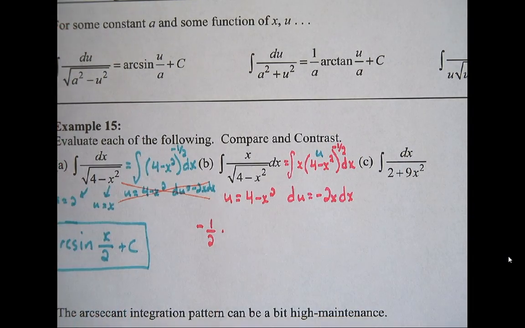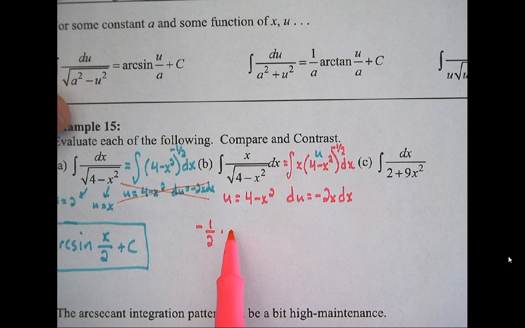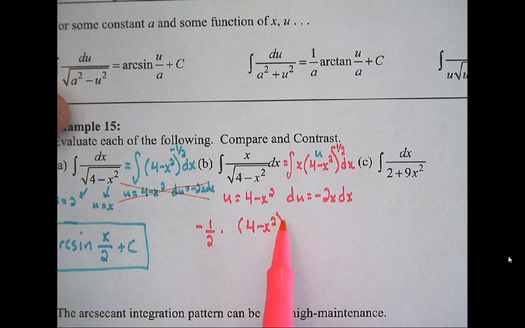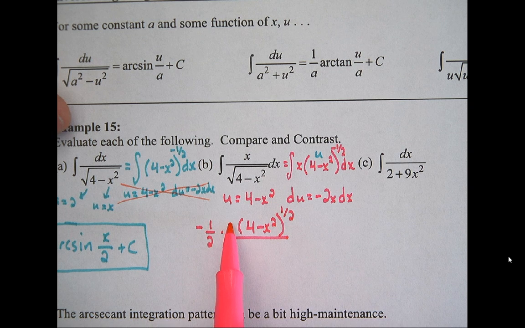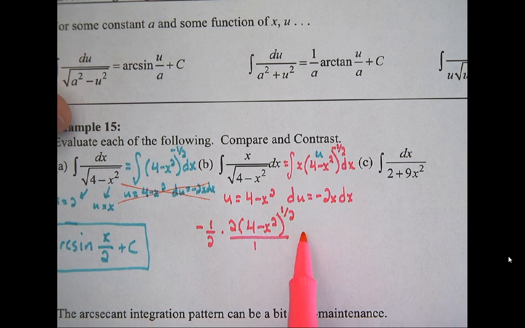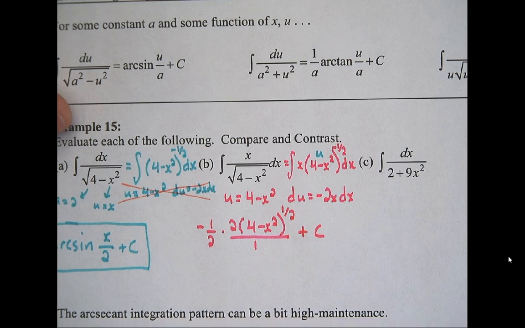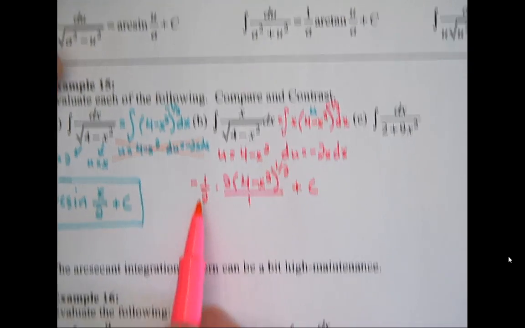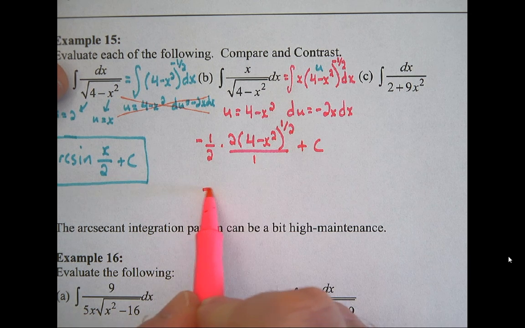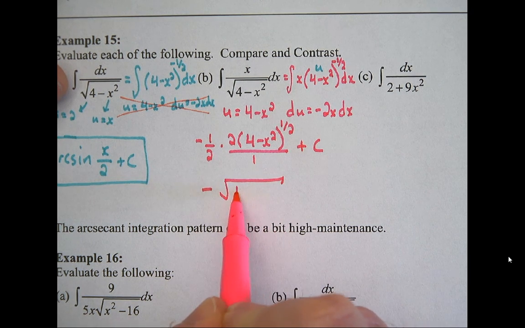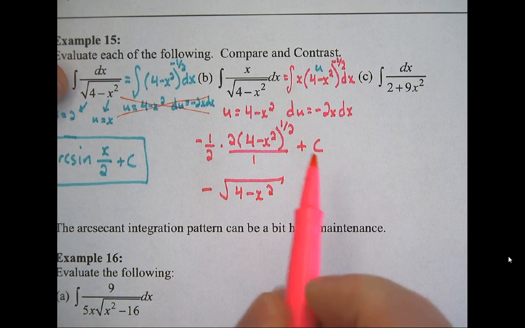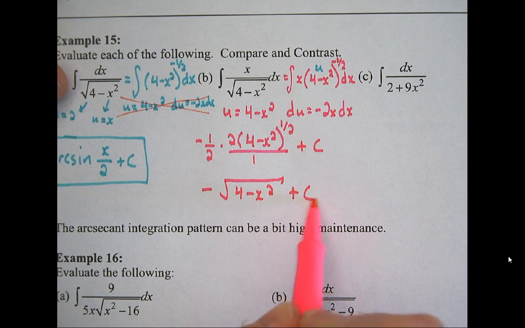So u to the negative 1/2 integrated would be u, which for us is 4 minus x squared, to the add 1 would be 1/2, divided by 1/2, which would be 2 over 1, plus c. We notice our 1/2 and our 2, they're going to cancel out, so I would just have negative square root of 4 minus x squared plus c.